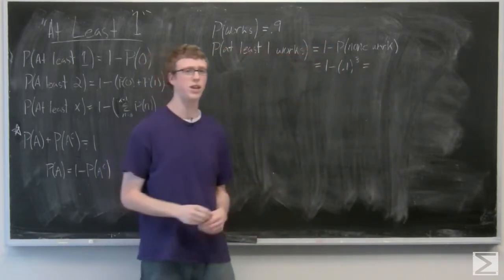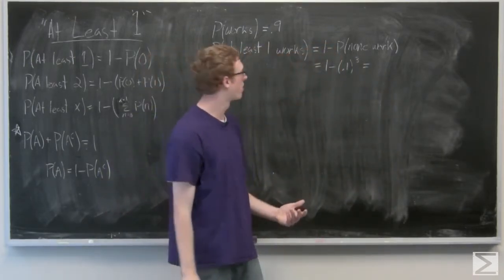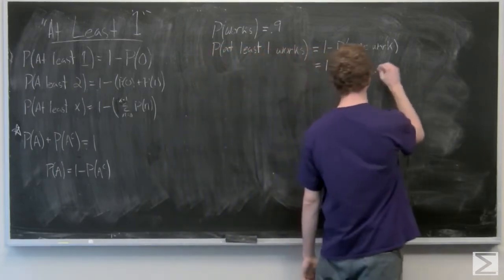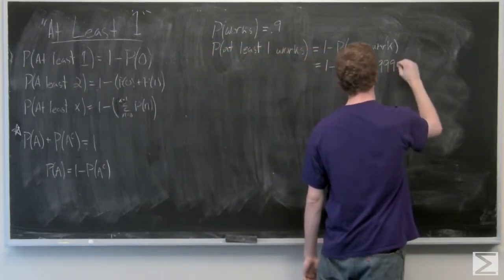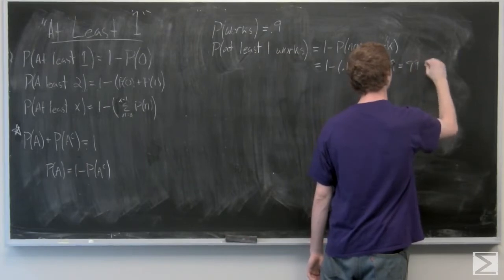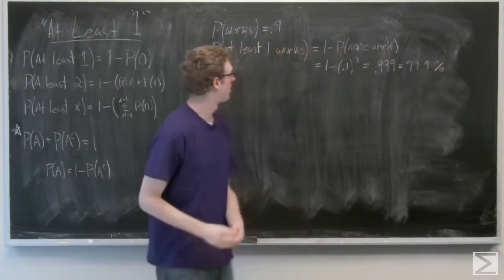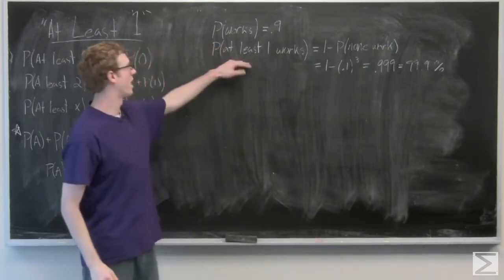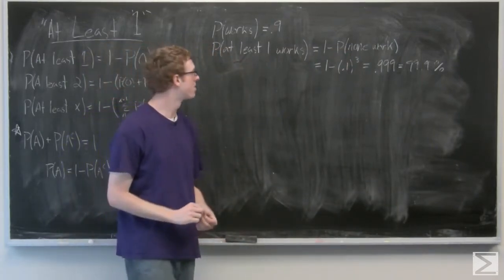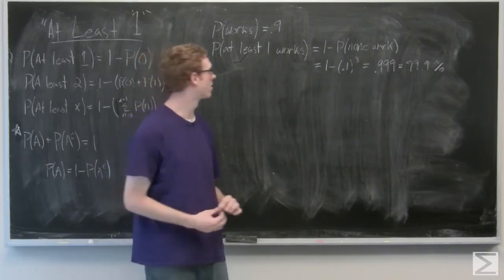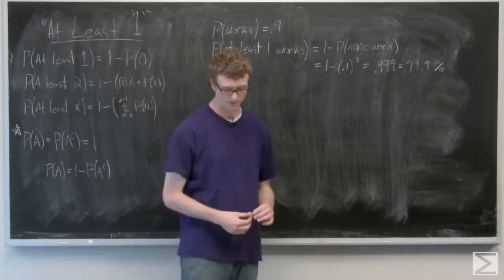Go ahead and plug this into your calculator, and you're going to get 0.999, which is a 99.9% chance that at least one reactor works. So the scientists conclude that they have a pretty good chance of their chemical reactor working.